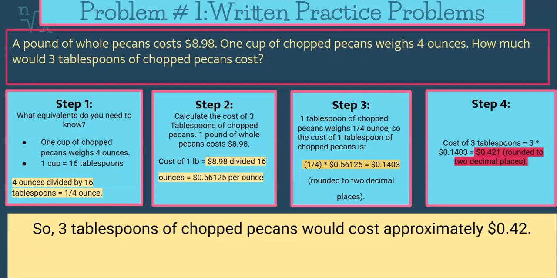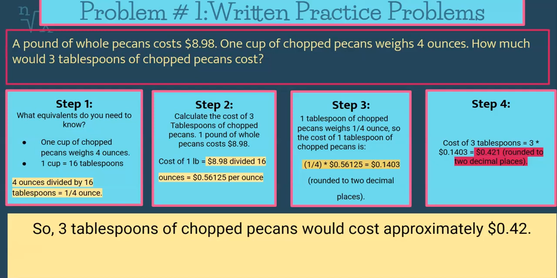So you take your 4 ounces, how much 1 cup weighs, and divide by 16 tablespoons, because that's how many tablespoons are in a cup, and you get 1/4 of an ounce. That's how much it is for 1 tablespoon.